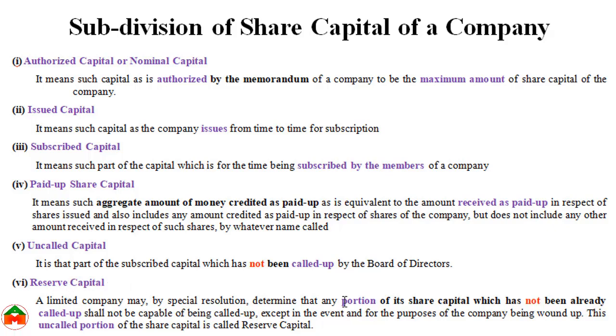That means the reserve capital represents the portion of the share capital which has not already been called up, because this is the part of uncalled capital out of the total authorized capital.